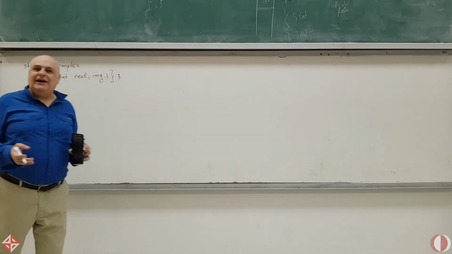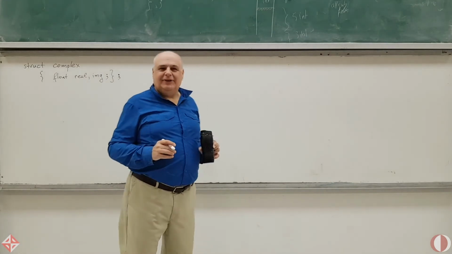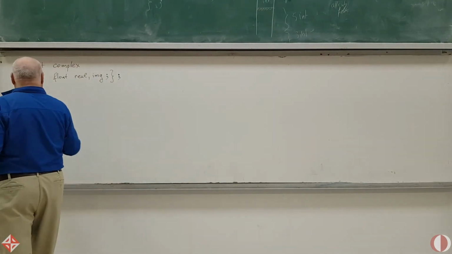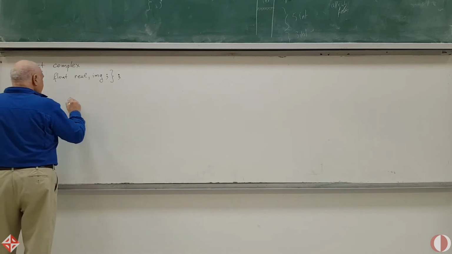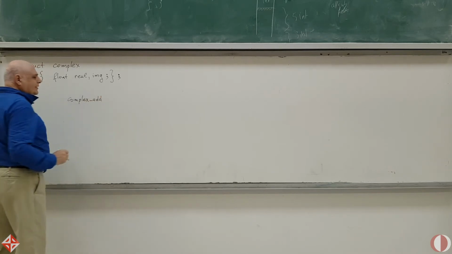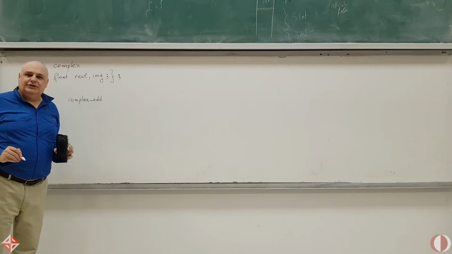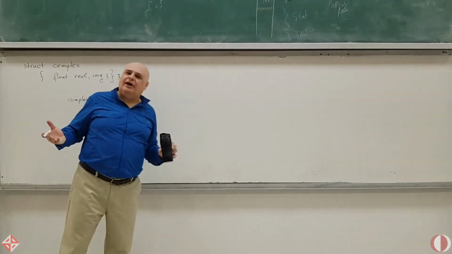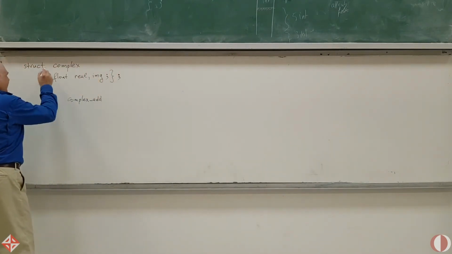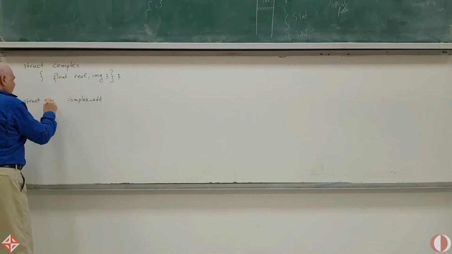Now let's write a function that adds, for example, 2 complex numbers. So just give a name, complex add. What does it return? A complex number added to another complex number is a complex number. So in our case, it's a struct complex.